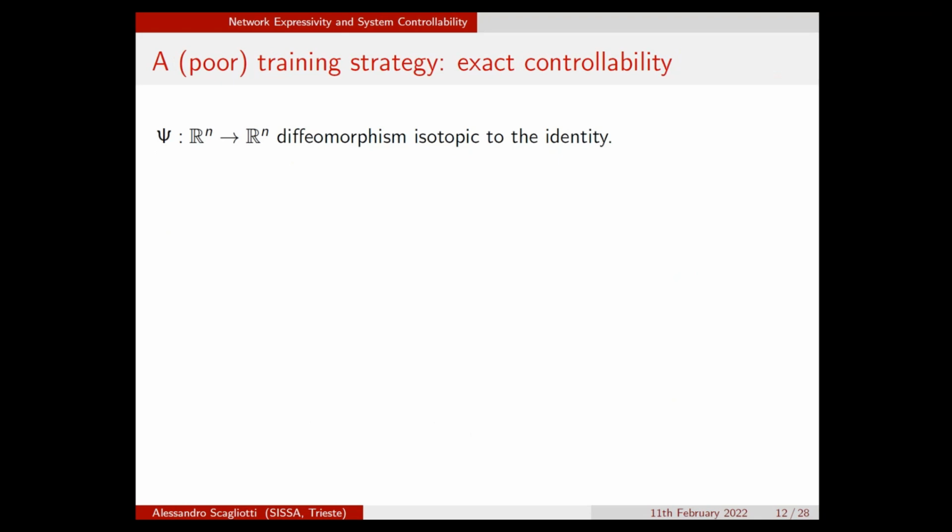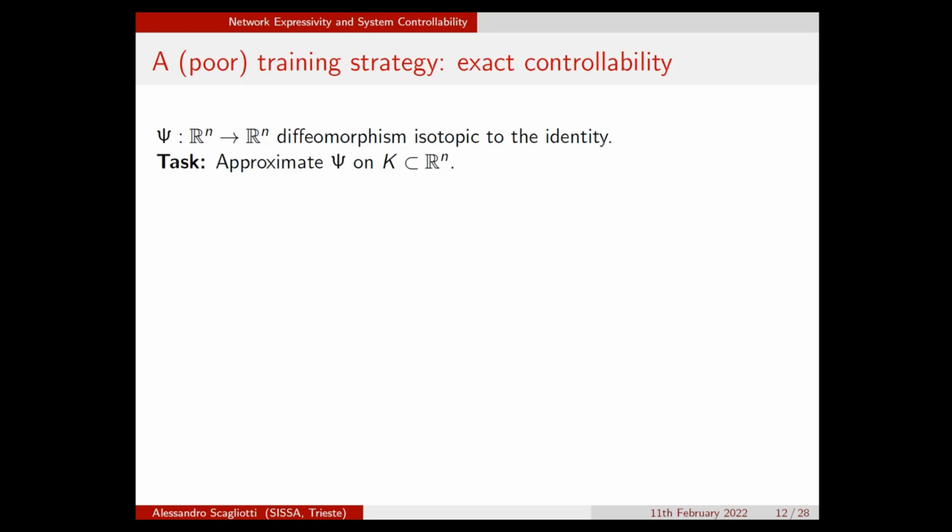Before proceeding, I'm presenting you the first strategy that we may come up with, which in general does not work. The problem here is that we have a psi, which is a diffeomorphism isotopic to the identity.